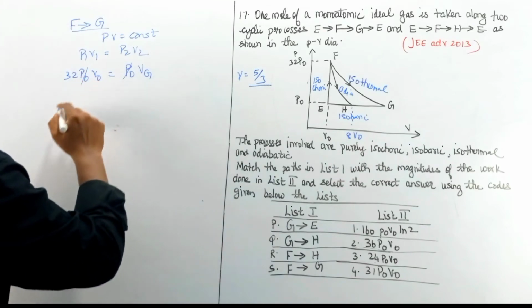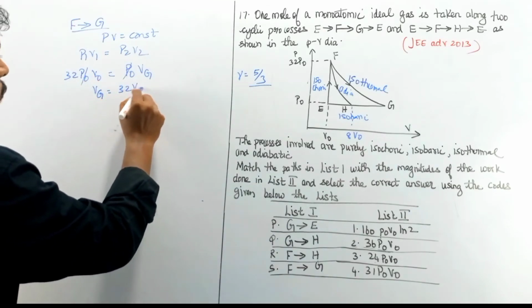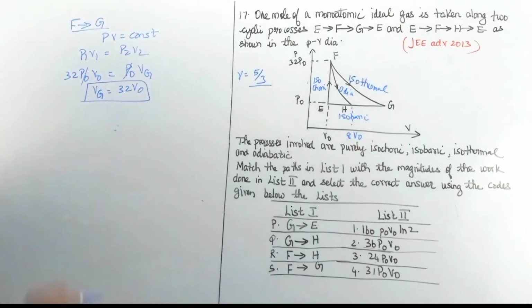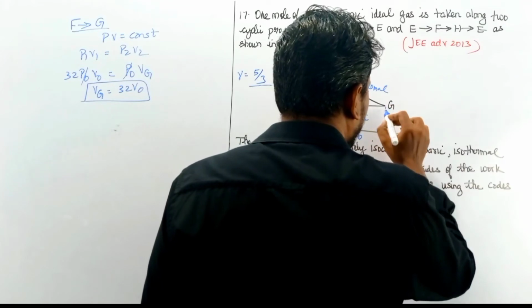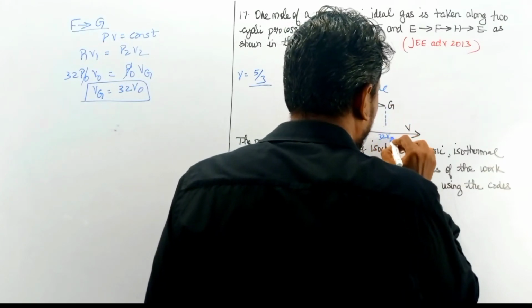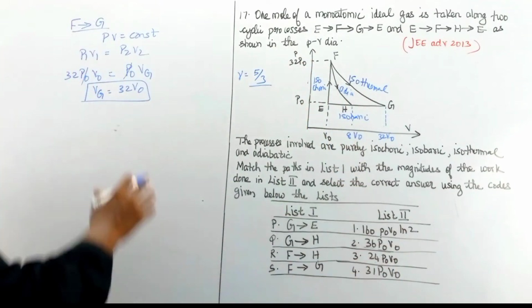So P0 and P0 get cancelled, and you know that Vg will be equal to 32 times V0. So here we have got this value as 32 V0. So we have found all the limits. Just make a note of it.